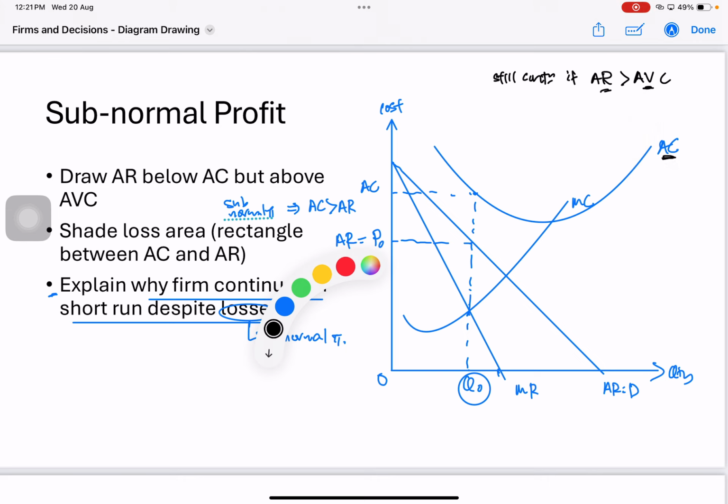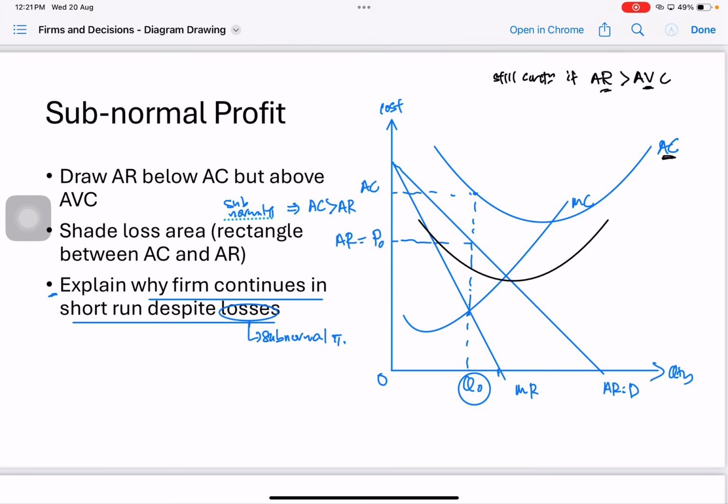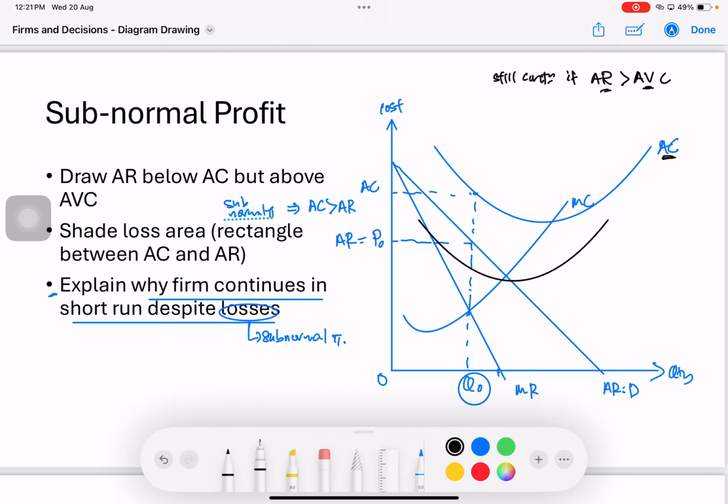Over here we only have AC. AVC is something like that. Let me draw for you. Pardon me, I have a little bit of OCD. Not nice, not pretty.